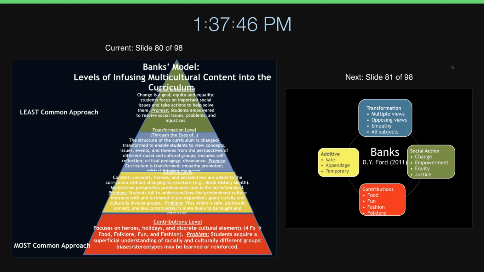This promotes empathy. This helps you see multiple points of view. This helps students get out of their shell and look at other realities that they may not be experiencing. So this is about self-reflection, critical pedagogy, and a pedagogy of discomfort, meaning dissonance.